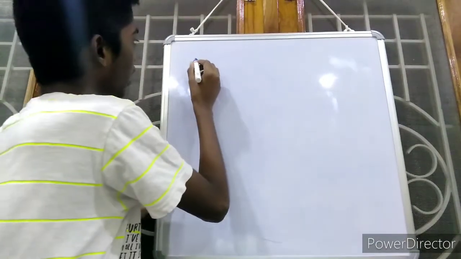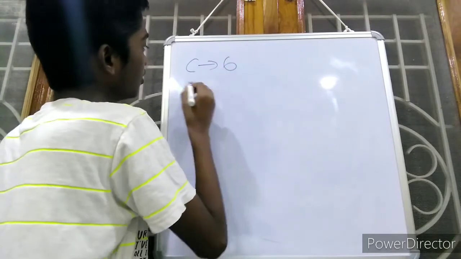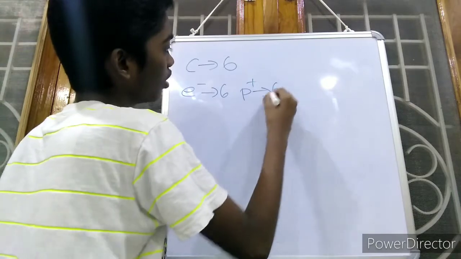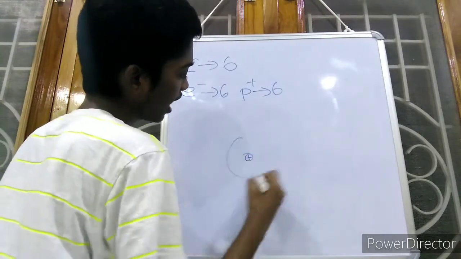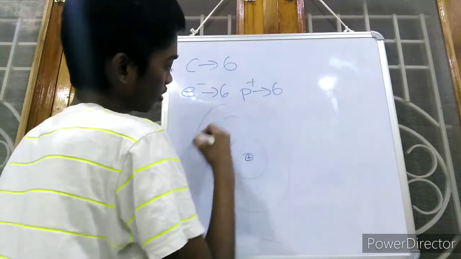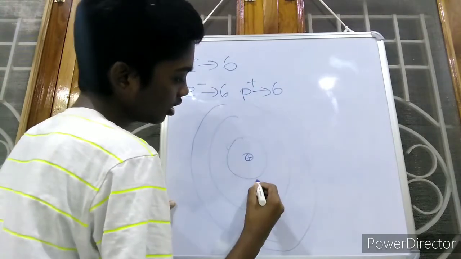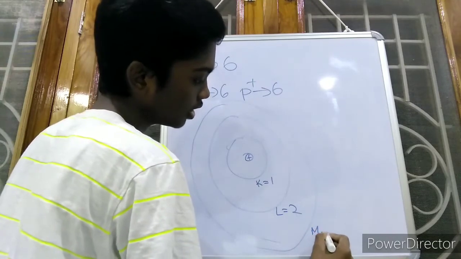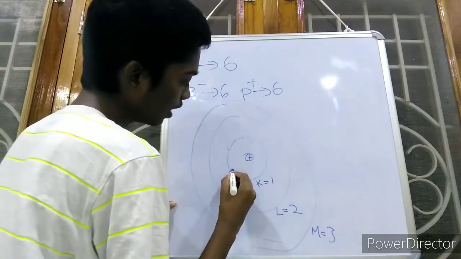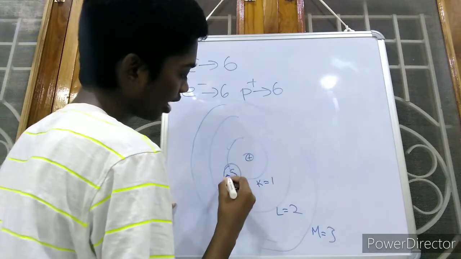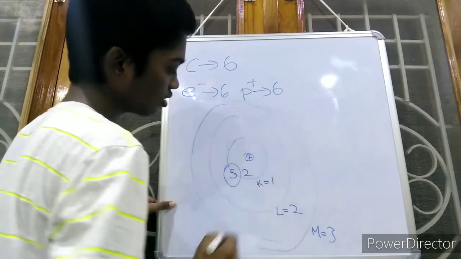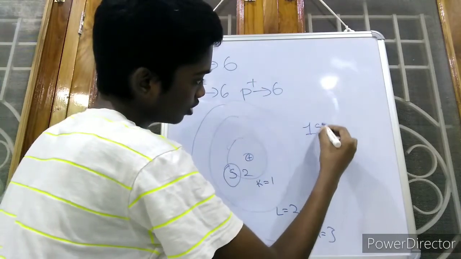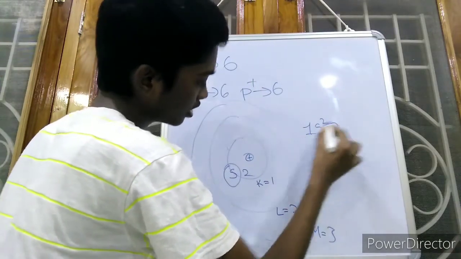Let's take carbon. Its atomic number is 6. It has 6 electrons and 6 protons. So this is the atom. This is the K shell, which is the first shell, L shell the second shell, and M shell the third shell. First we take orbital s, and here 2 electrons are filled: 1s2. Now we go to the second shell.